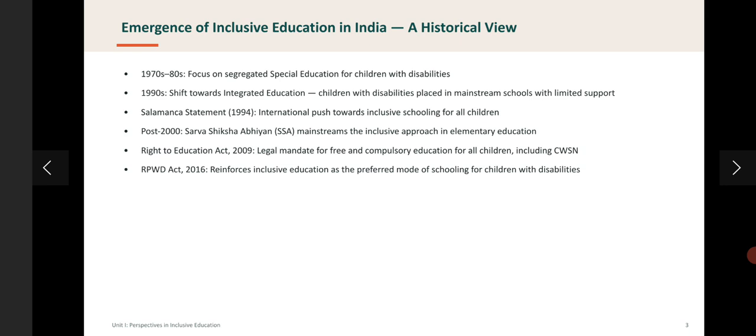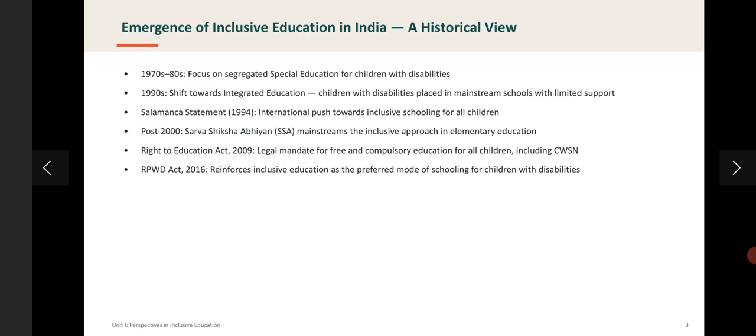One of the earliest formal initiatives by the government of India was Integrated Education for Disabled Children, that is the IEDC scheme. Integrated Education for Disabled Children.